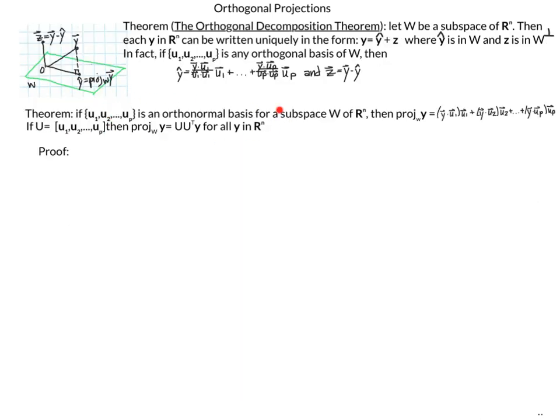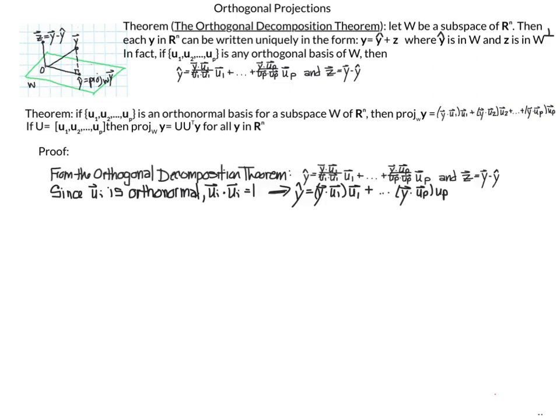I have this theorem written here, and we will do the proof. First, the projection of Y onto W from our orthogonal decomposition theorem is this formula here: Y hat is equal to Y dot U1 over U1 dot U1 times U1 all the way up to Y dot UP over UP dot UP times UP. And we also have this formula for Z equal to Y minus Y hat.